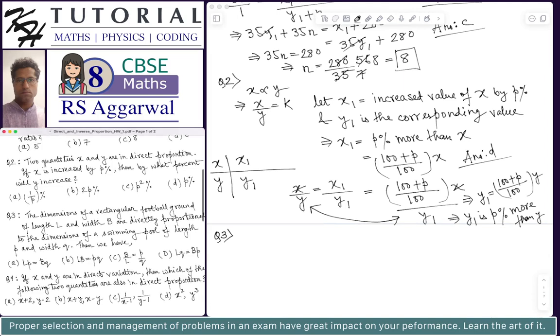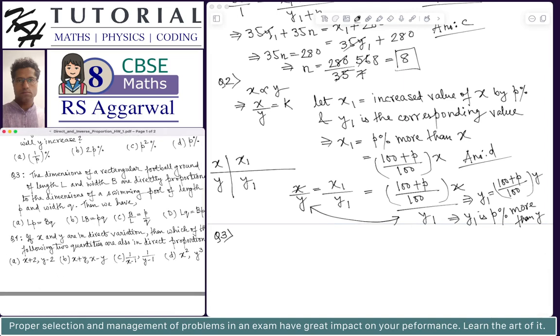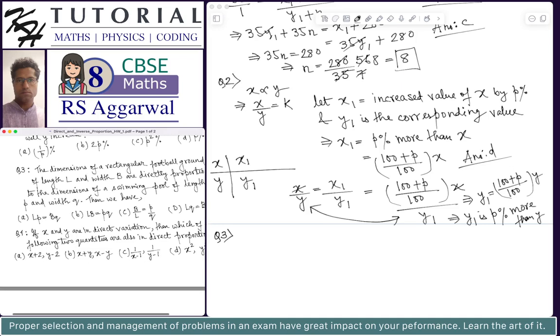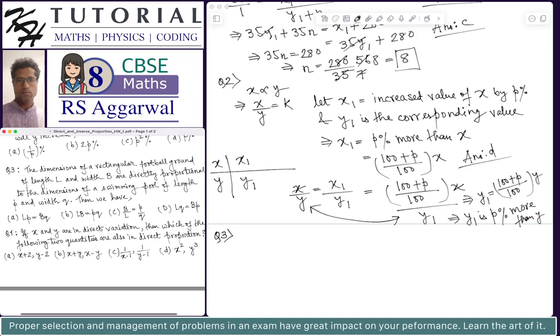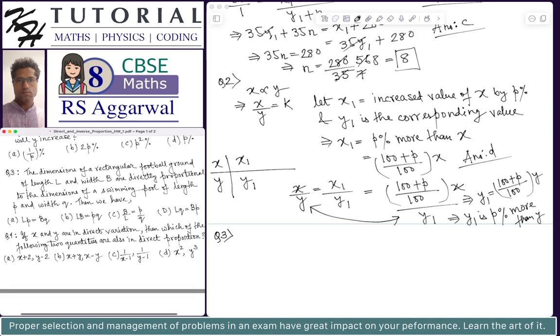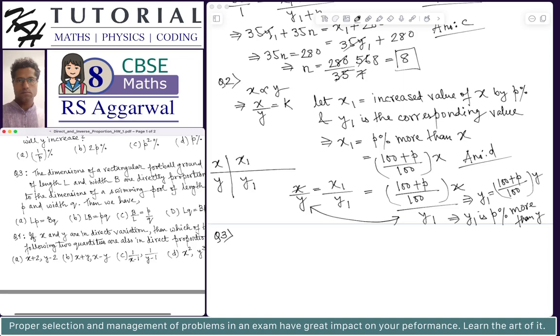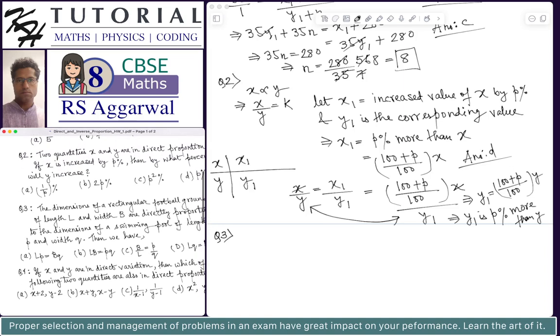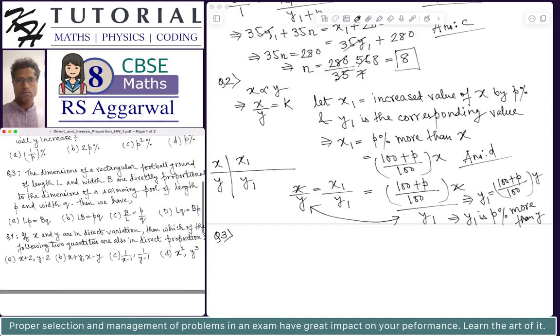Okay, let's do problem number 3. The dimensions of a rectangular football ground of length L and width B are directly proportional to the dimensions of a swimming pool of length P and width Q. Now in this problem it is given that there are two rectangular shapes, one is the rectangular football ground, and the other one is the rectangular swimming pool.